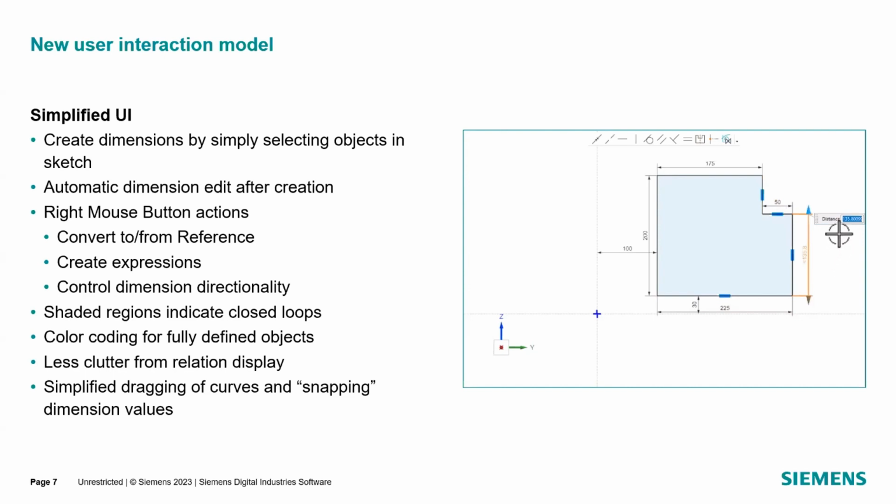Also right mouse button actions. So you can still create reference geometry. You can do your expressions, all of those types of things from the right mouse button as you're working in it. Another thing that I really like is the shaded region. In the past, if you had your profile and you didn't close it, you might not know that until you started exercising the parametrics.